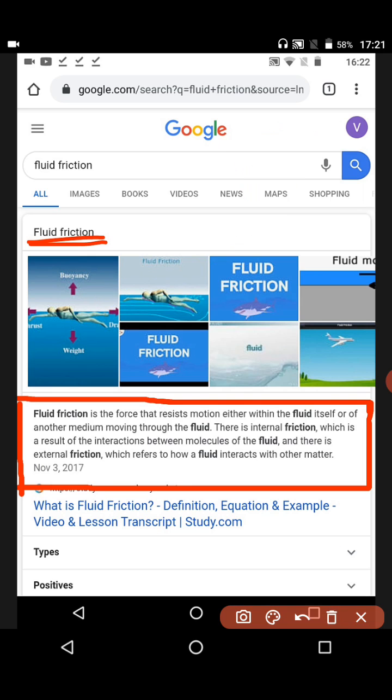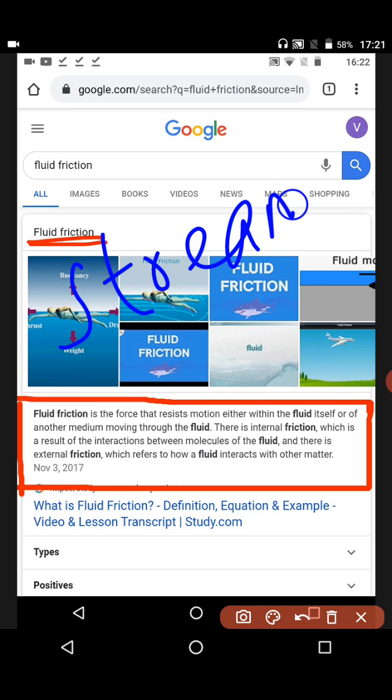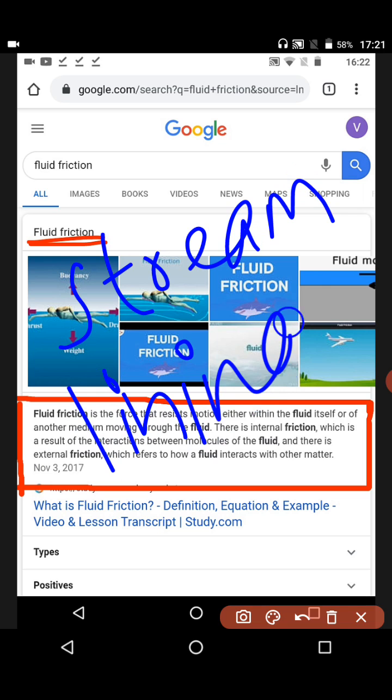In the same way we are trying to design the vehicle whichever we want to move in the air or water. That is called making those in the particular shape, that is called streamlining.